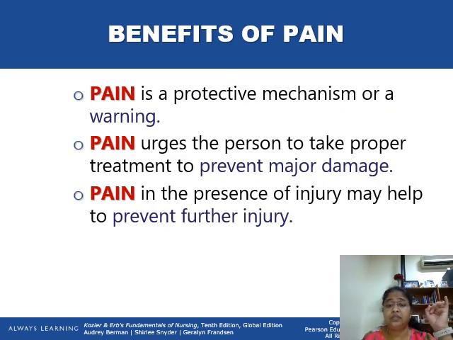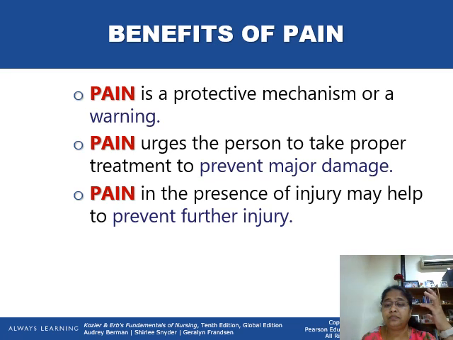And it's very important. It's a protective mechanism, or a warning which is going to happen inside our body. For example, if there is chest pain, we know the patient may be getting a heart attack. If there is pain in the right lower abdomen, there can be appendicitis, an inflammation of the appendix. It can rupture and cause bigger problems.